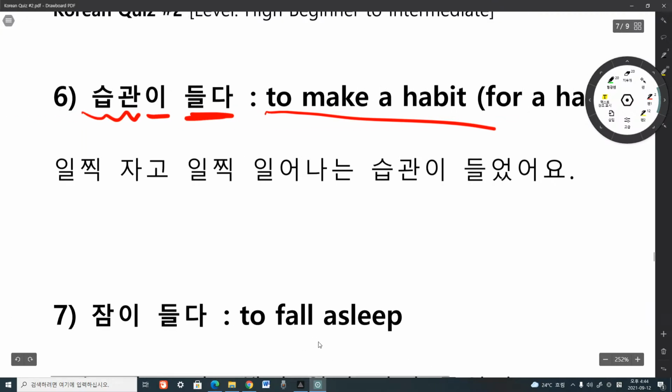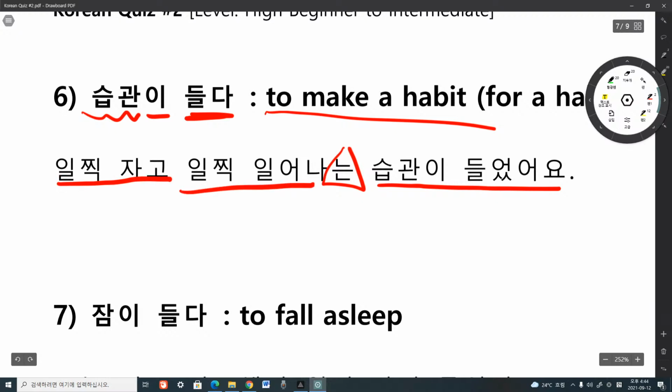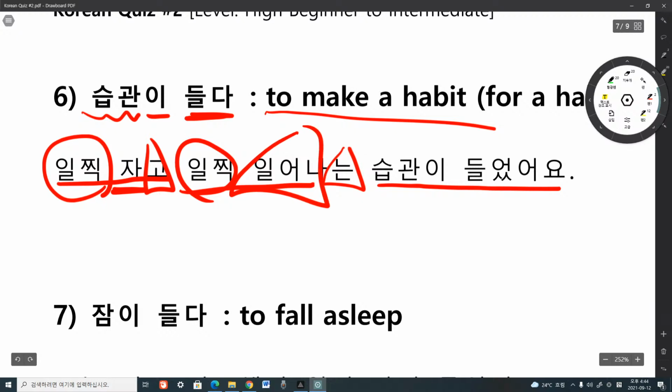습관이 들다. 그래서 if you want to say 습관이 들었어요. So what kind of habit did you make? 일찍 자고 일찍 일어나는 습관이 들었어요. 일찍 자고, early sleep, and early wake up, right?